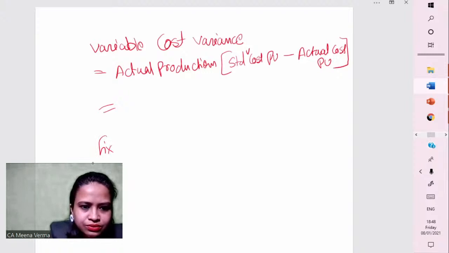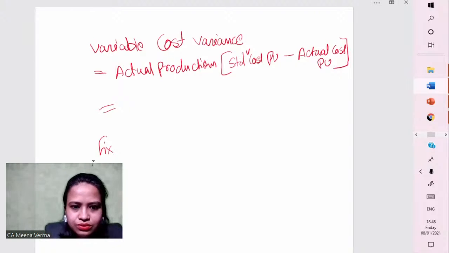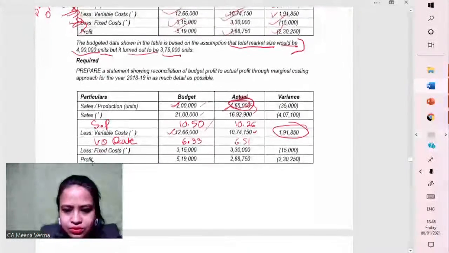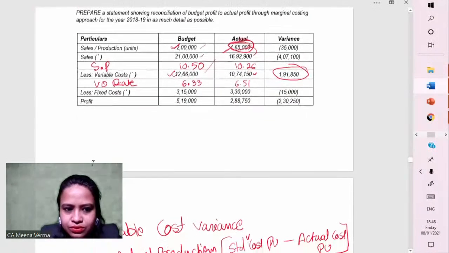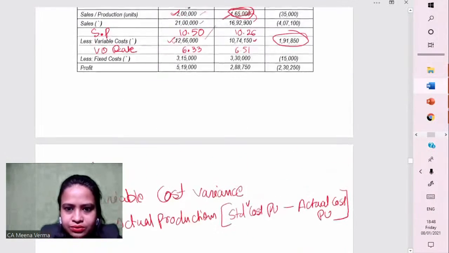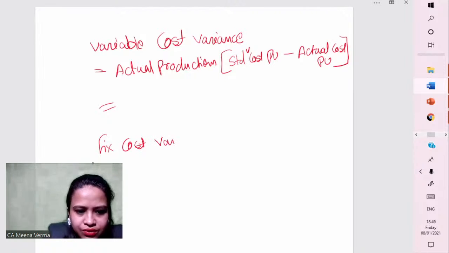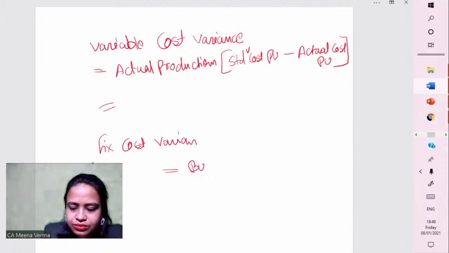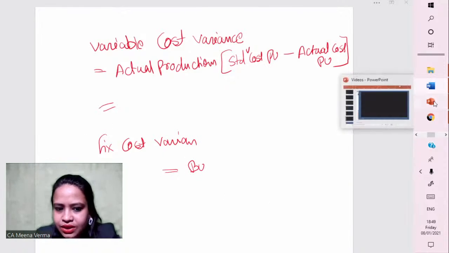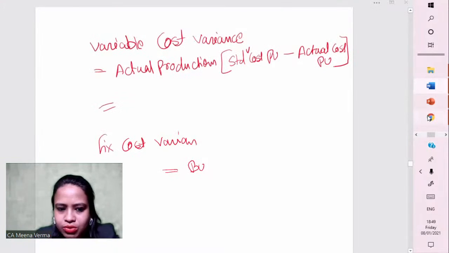Fixed cost variance. See, I want to show you the formula also.